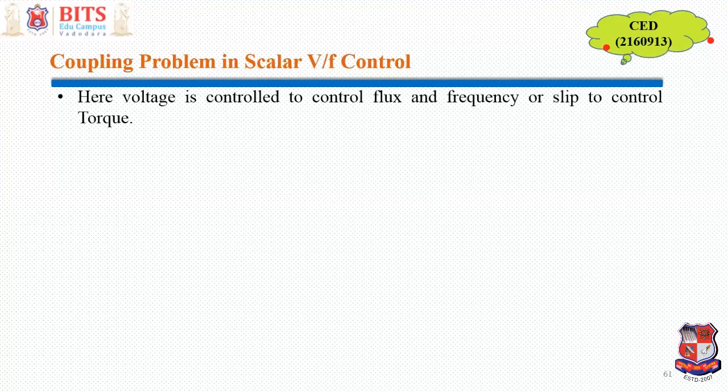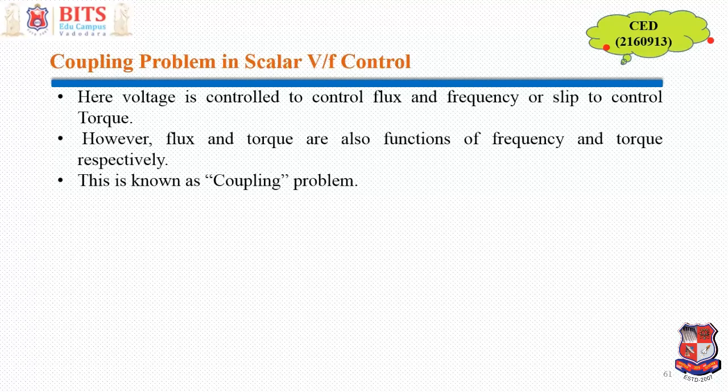But momentarily, the dynamics of these two are different. The speed at which we can change the frequency, we cannot change the voltage or flux at that speed. However, flux and torque are also functions of frequency. If you look at the EMF equation, if I change the frequency the flux will change, and if I change the voltage the flux will also change. So whether we require it or not, whether we wish it or not, the frequency variation is fast whereas the voltage variation is a little slow. So in that duration, the torque temporarily gets changed. Of course, with respect to time that ratio is constant, so it gets eliminated.